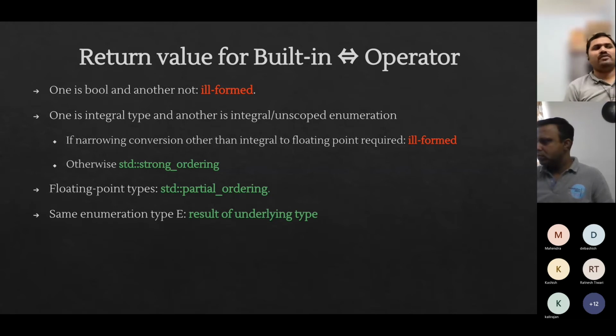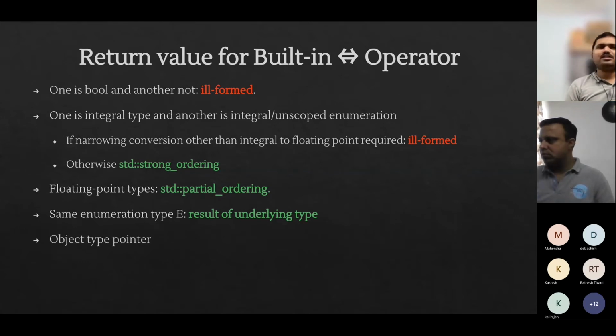For example, you have an enumeration type, and both the operands are of the same enumeration type. Then the result will be whatever the underlying data type gives. If you apply the spaceship operator, the three-way comparison, to that underlying data type, whatever is the result, that will be the result.